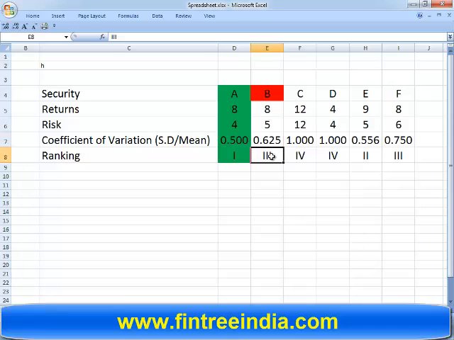We actually should have seen 2 decimals, you're right. And this will become 4, and these will become 5. Just 0.50 is the lowest, then the second lowest is 0.556, third lowest is 0.625, then 0.75, and then 1 and 1. You're right. Yes.